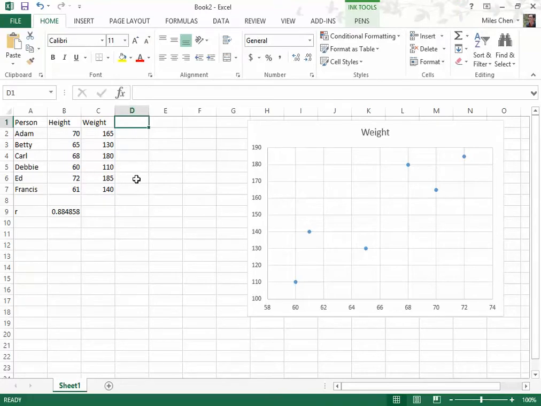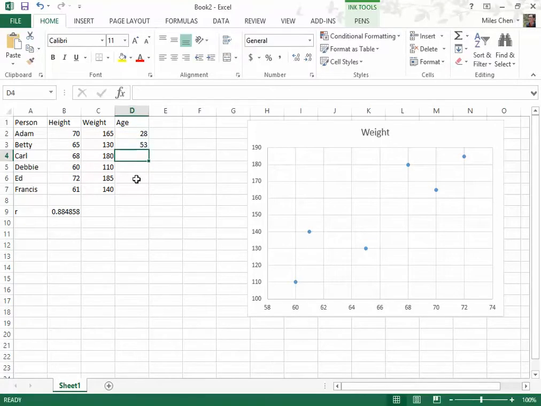Let's say we asked each person not just their height and their weight, but let's say we asked them, what is your IQ score? Or yeah, we could do age. Sure. It doesn't matter. Okay? All right, so Adam, he is 70 inches tall, but let's say he's 28 years old. And let's say Betty is 53.